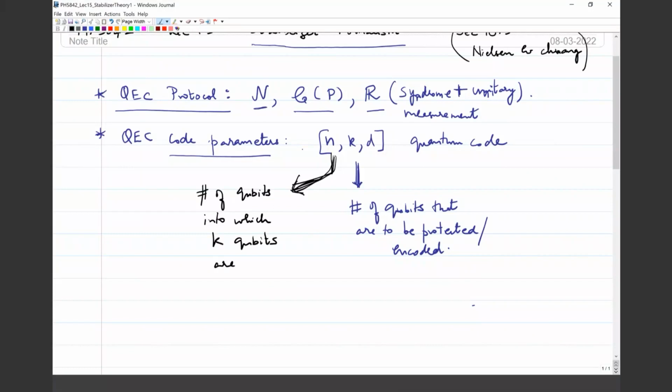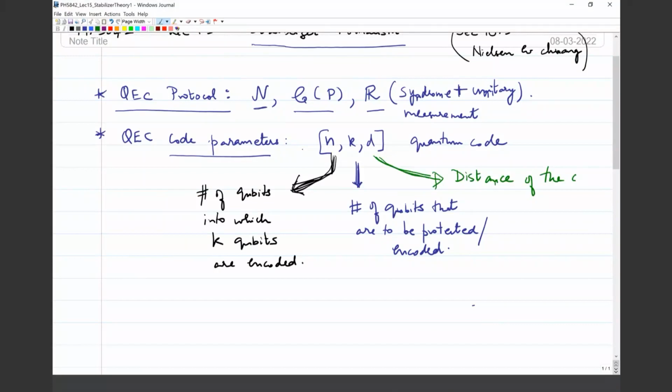Okay. And finally, the D is what is called the distance of a code. And this we'll discuss a little bit today since I've not mentioned this so far. It is called the distance of the code.